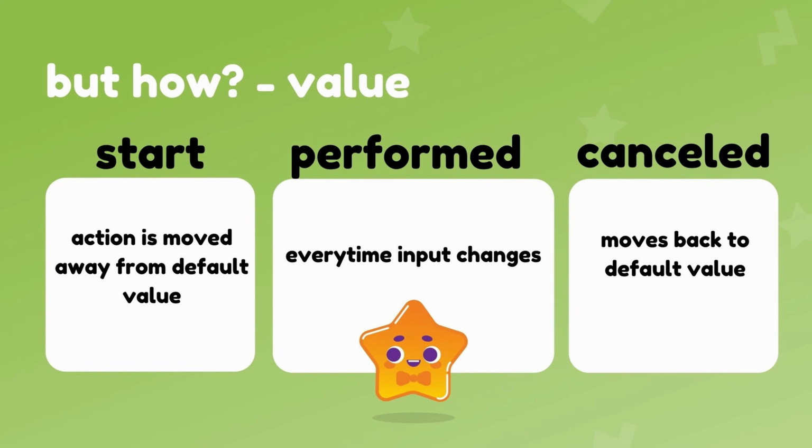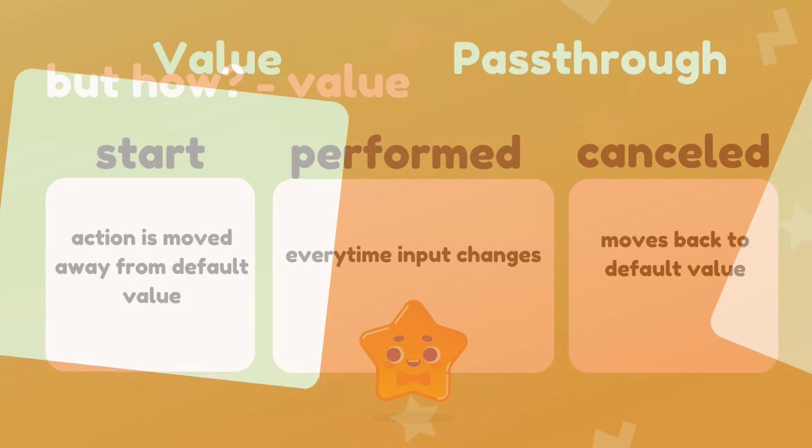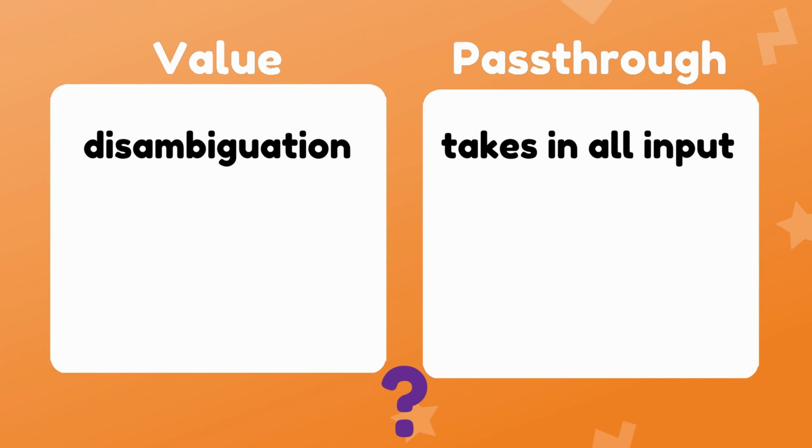And once you're done with the joystick and you lift your finger and it moves back to the center, it moves back to the default value, that's when the action is canceled. So this is a super important differentiation between value and pass-through, is that value performs disambiguation, while pass-through does not. Pass-through will get any input from any controller and will not do any processing on it. And I'll continue explaining that a little bit later.